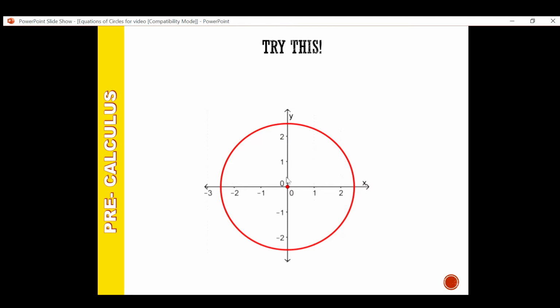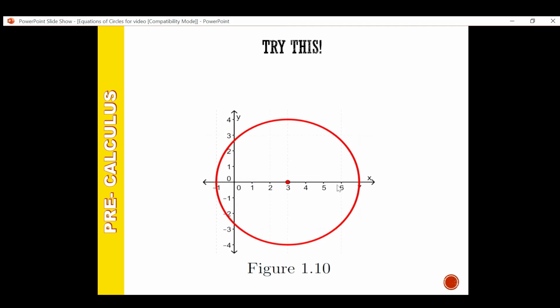Okay, dito. So, ang center natin is at 0, 0. And the radius is 1, 2, so 2.5. Okay, nakuha nyo ba yon? Okay, isa pa.